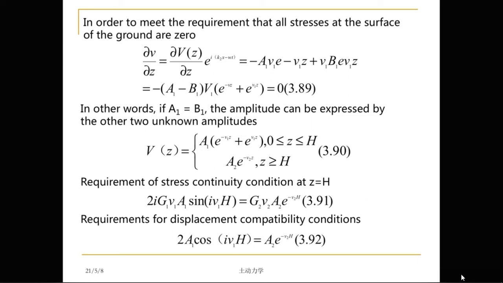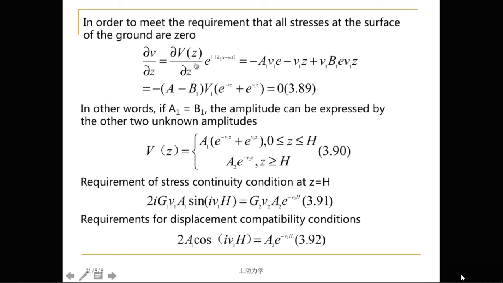In order to meet the requirement that all stresses at the surface of the ground are 0, dV/dz, we can calculate dV/dz.